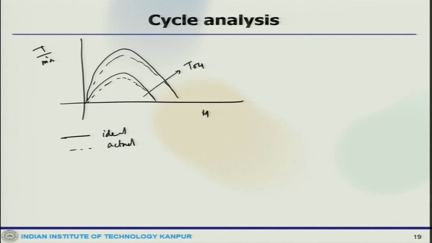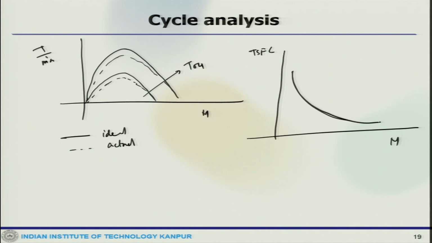Similarly, if you see TSFC versus Mach number, this is how it looks. Again, this is for increasing T naught 4, and this is how the actual cycle would work.